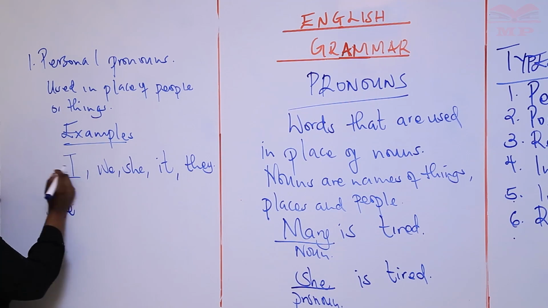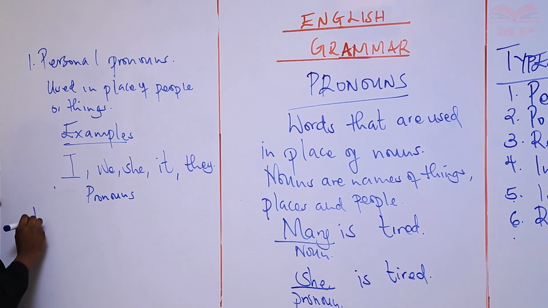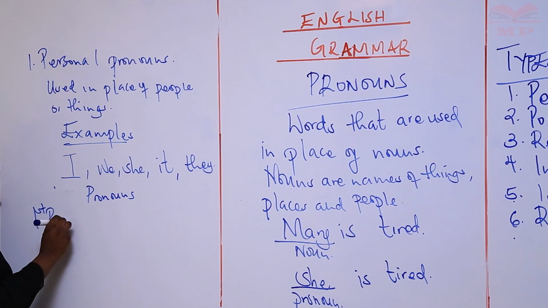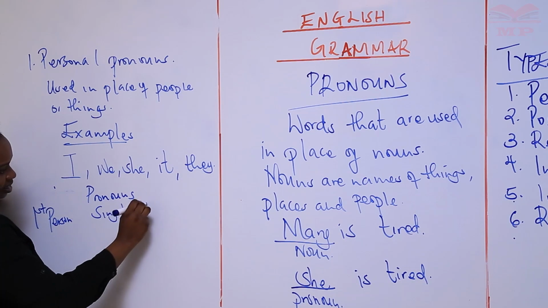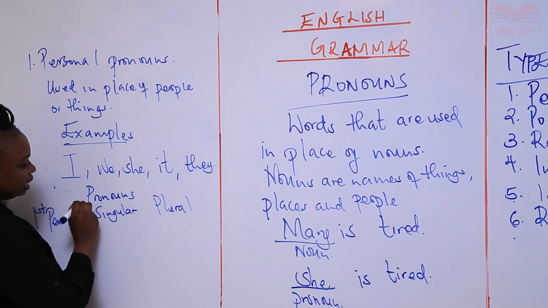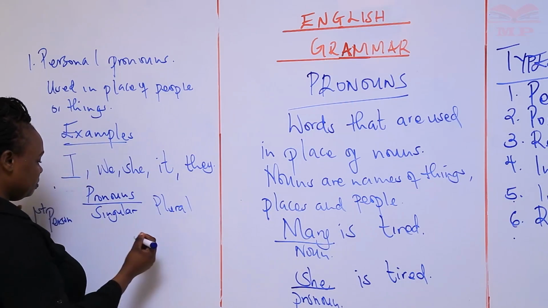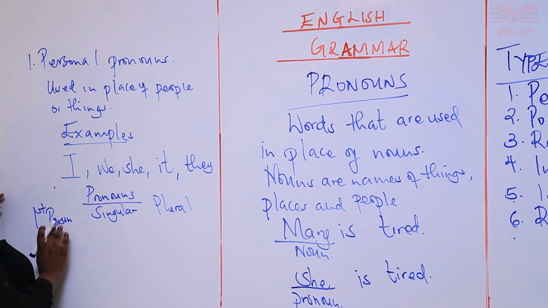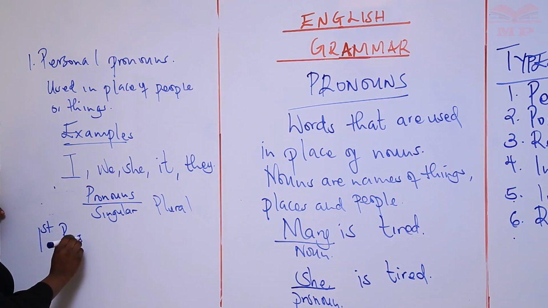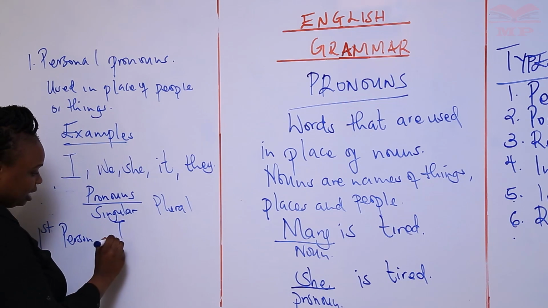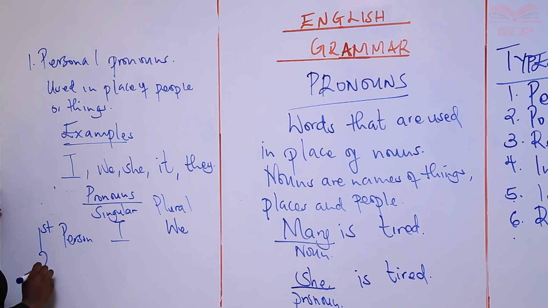First person, so we have a small table, the pronoun, and then here first person. First person, we have singular and plural. Normally, in compositions, you can either use the first person or the second person. First person singular is I, or me.